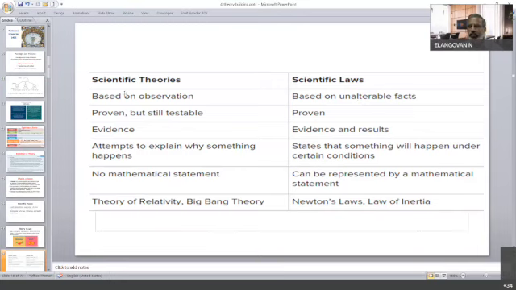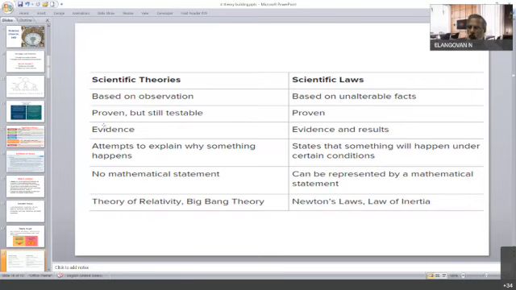Scientific theories are based on observations, and observations may change. The culture, the context, something may affect the observation. Therefore, the theories can get modified in different places. But here you cannot change it.